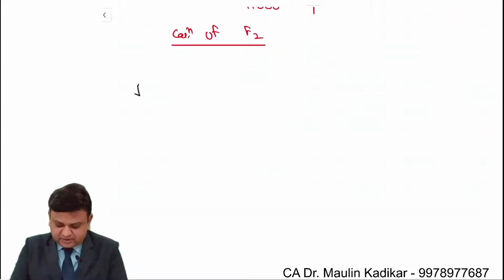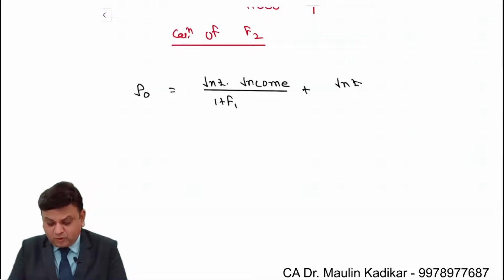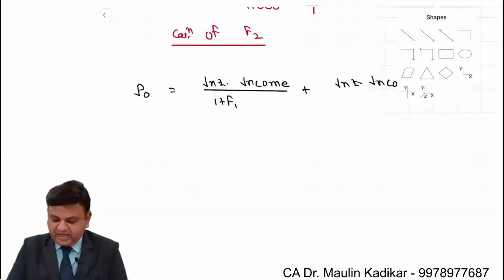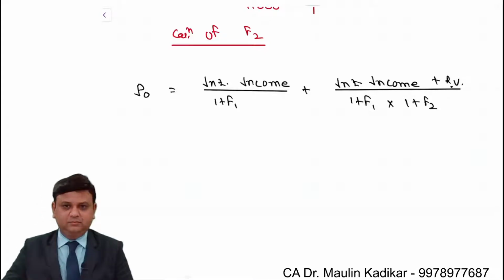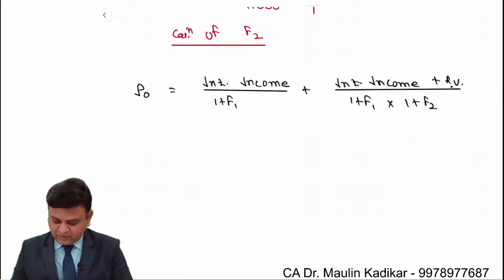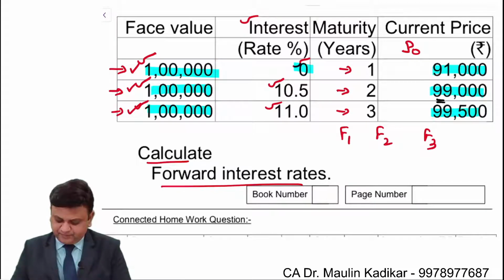It will be found like this: P0 is equal to interest income of year 1 divided by 1 plus F1, plus interest income for year 2 plus redemption value at the end of the second year divided by 1 plus F1 into 1 plus F2. What is P0 for the second year security? The P0 is 99,000 and the rate of interest is 10.5%.